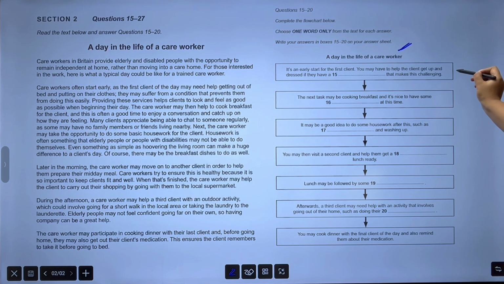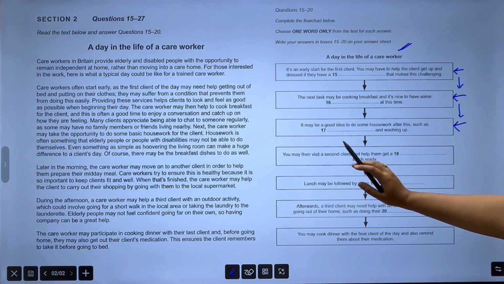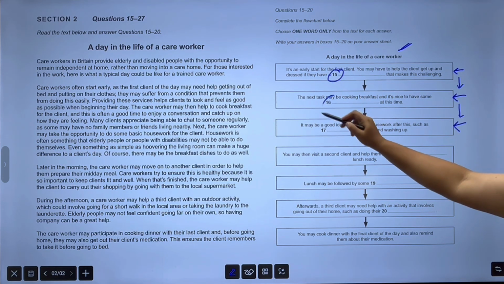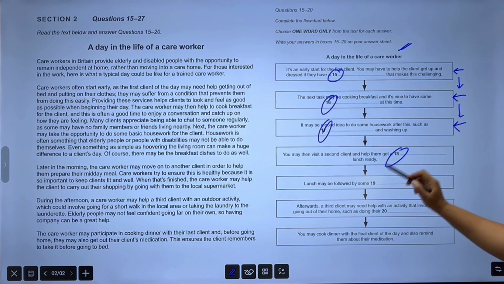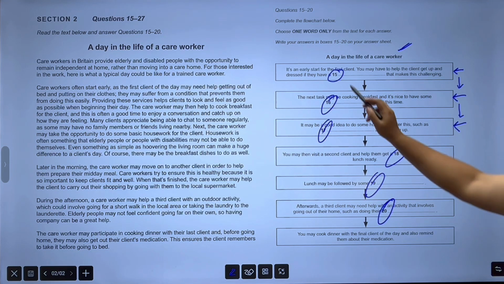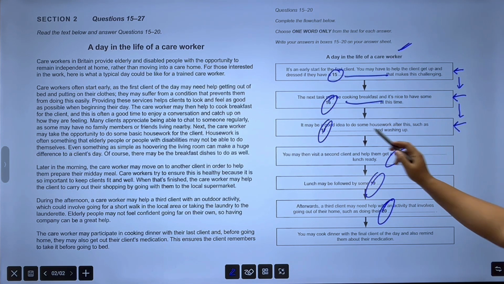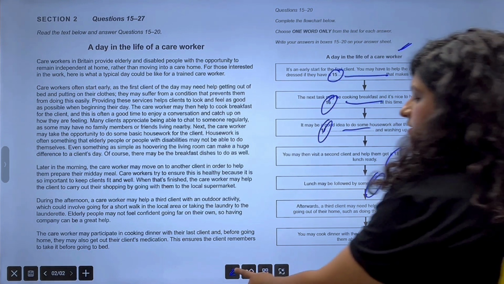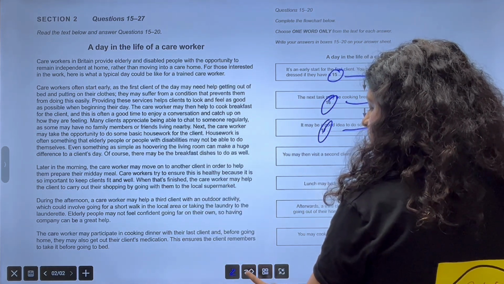There is a first piece of information which leads to another piece of information, which leads to a third piece of information, and so on. Within these boxes, you can see the questions that you have to solve. As you can see, these are in the form of fill in the blanks everywhere. So this is what you have to do.